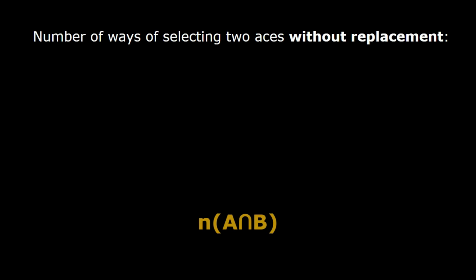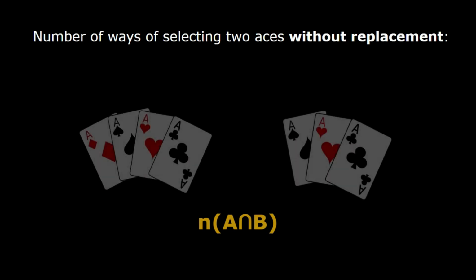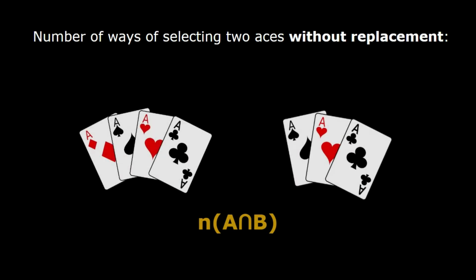So what's the number of ways of selecting two aces without replacement? Well, we'll have 4 aces at our disposal for the first selection, and if we're not able to put that ace back, we're down to 3 for the second choice. So now we're only limited to 12 possible ways we can select two aces if we do not replace our first ace and reshuffle the deck.